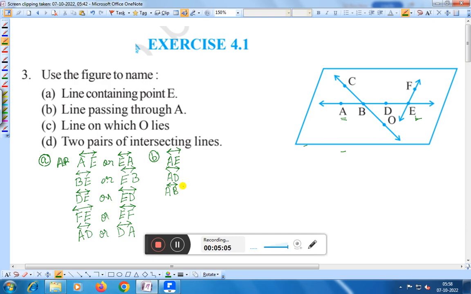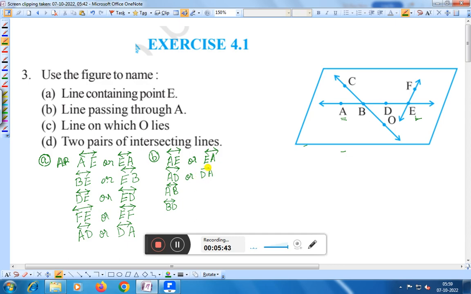That is AE, AD, AB, and BD also. Or you can represent it another way, AE or EA, AD or DA, AB or BA.